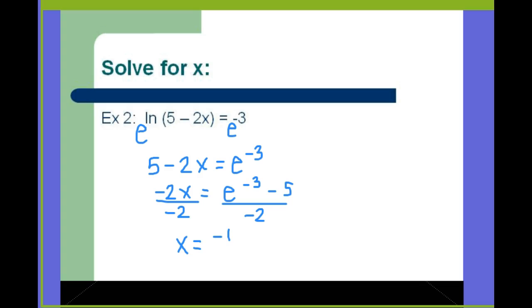So you get negative 1 over 2 e to the 3rd because we drop the negative exponent down and move the negative up. And then here, a negative divided by a negative gives a positive 5/2. And again, if you really cared about what that is, on a calculator, that is approximately 2.4751.